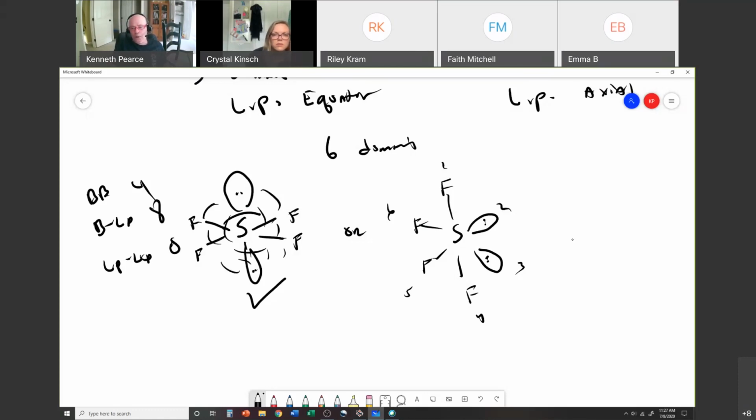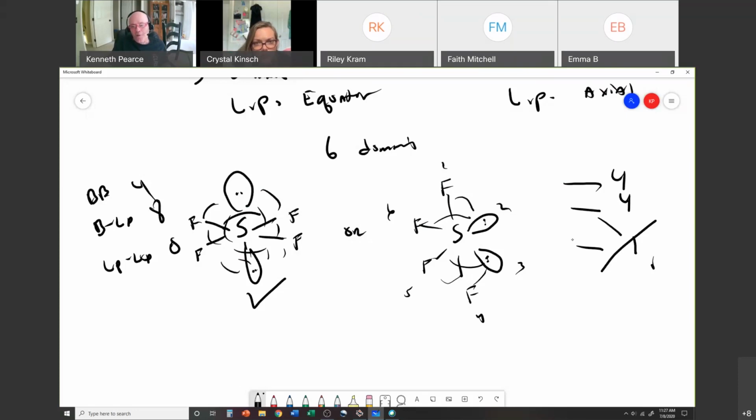And over here, bonded would be 4, and bonded lone pair would be 4, and then lone pair would be 1. And this is bad. Lone pair.